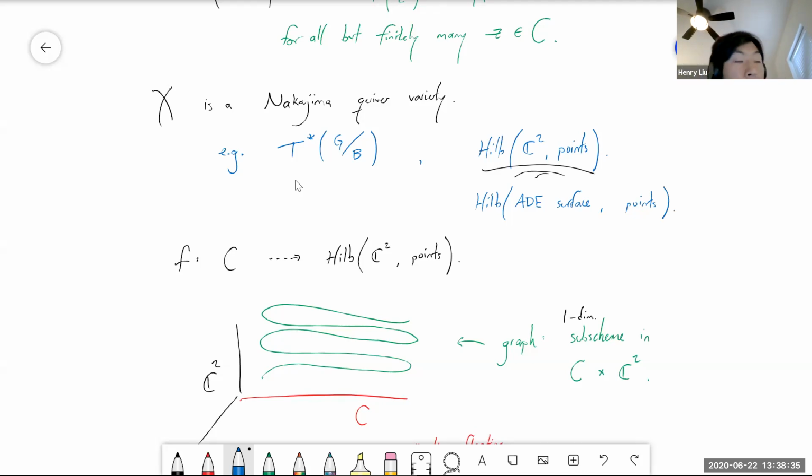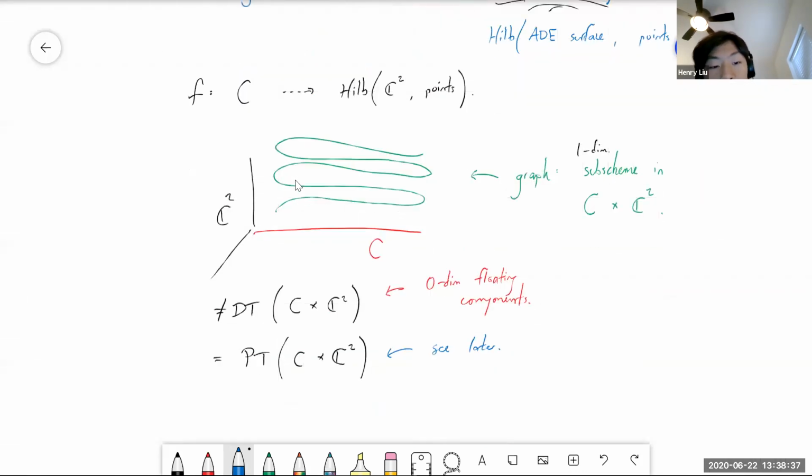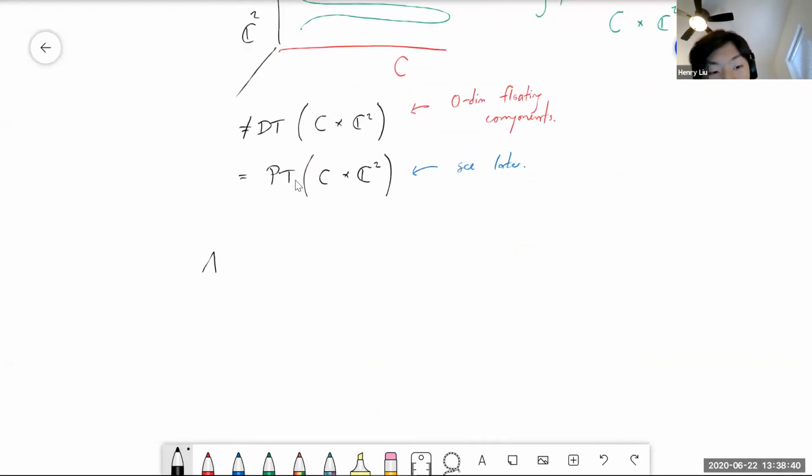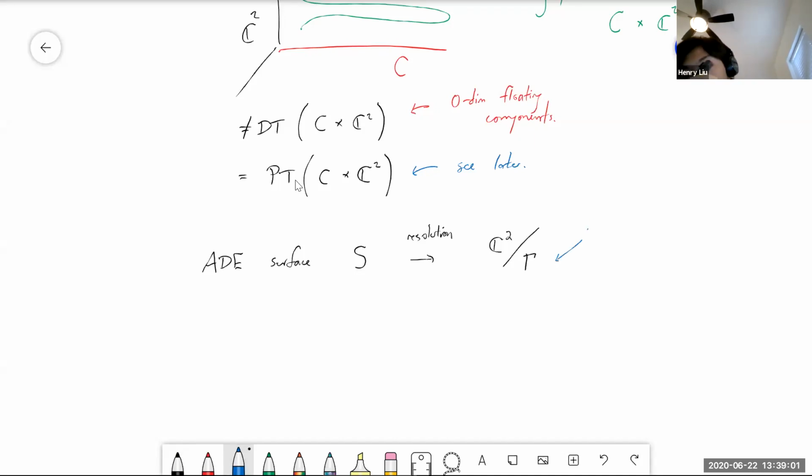Let me say briefly what an ADE surface is. An ADE surface S is a resolution of the ADE surface singularity of the form C2 mod gamma, and gamma will be the corresponding ADE subgroup of SU2, well, let's say SL2C.